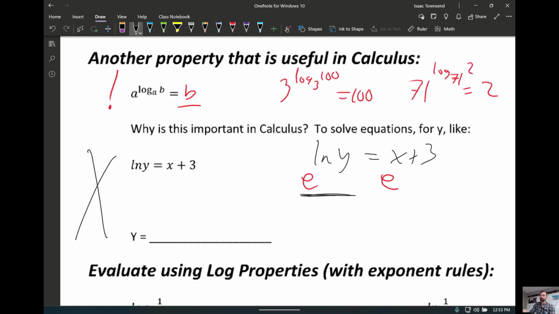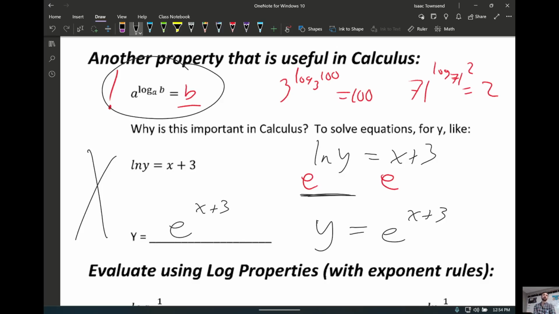Cancels out, right? Y. Cancels out to what? 1. Not 1. Y. To y. If this is e to the log base e of y, it just becomes y. So if you need to go from natural log of y equals to just y equals, you exponentiate both sides so that you can use this property and you can get it down to y equals.